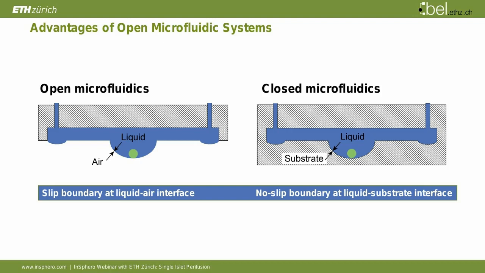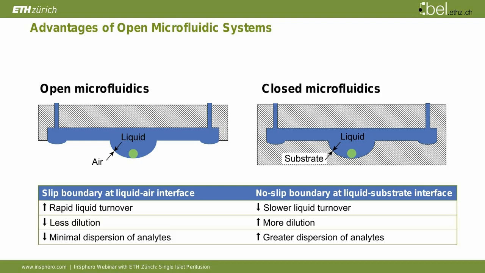In the closed microfluidic systems, however, we have a substrate liquid interface, which gives us a no-slip boundary condition, meaning that, for example, if insulin was released from the islet, these molecules have no flow and they can diffuse into the bulk and can then be dragged with the flow towards the outlet with a certain delay.